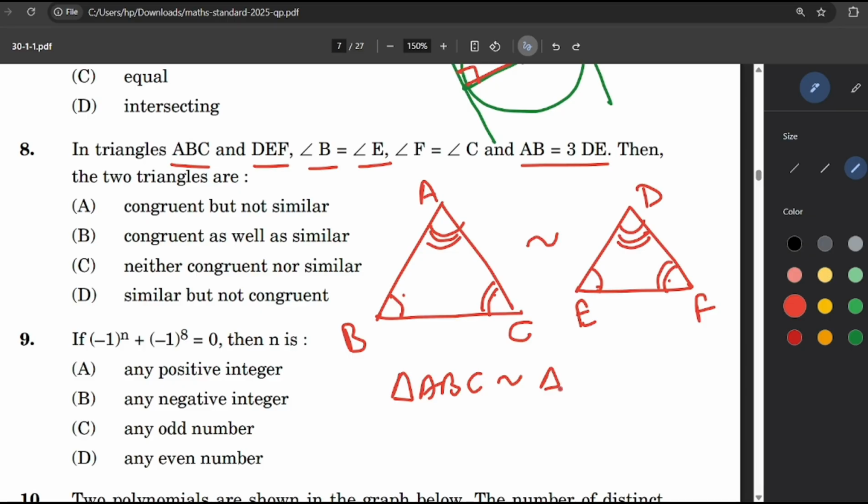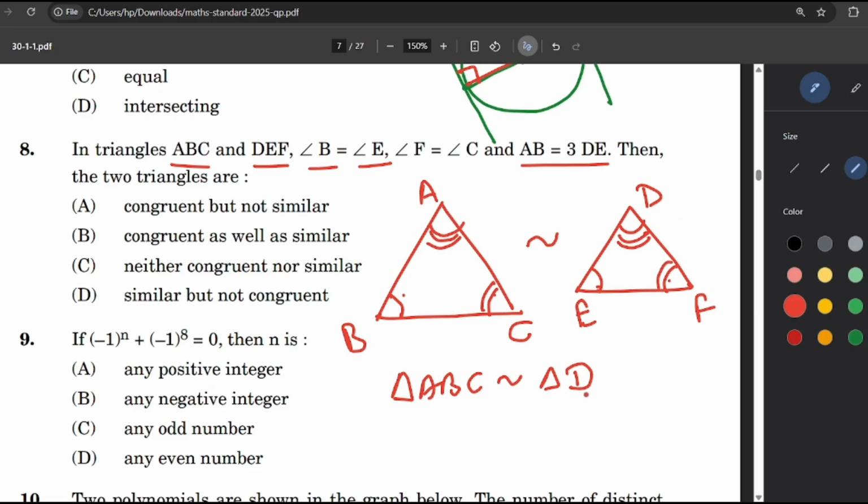So what's the rule to name them? The rule is, if I use A here, then we will use the corresponding of A to name DEF. The corresponding of A is D, so we will write D first, not E or F, any of them.